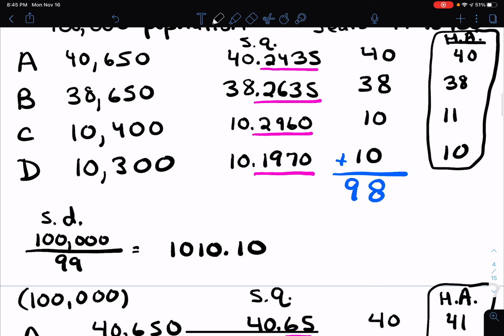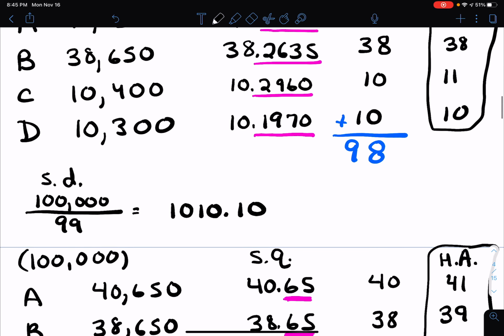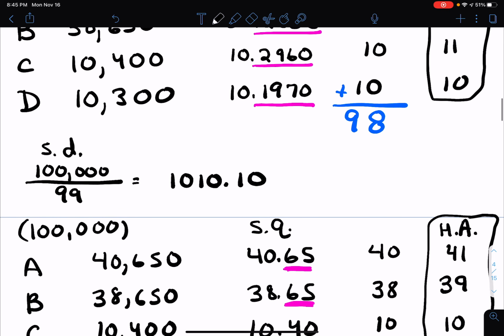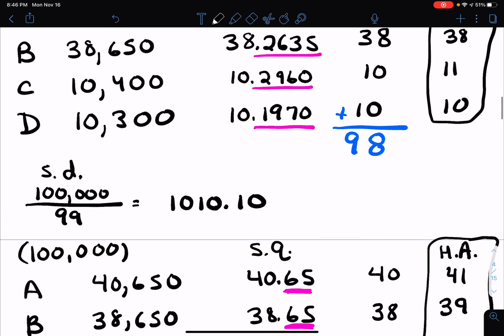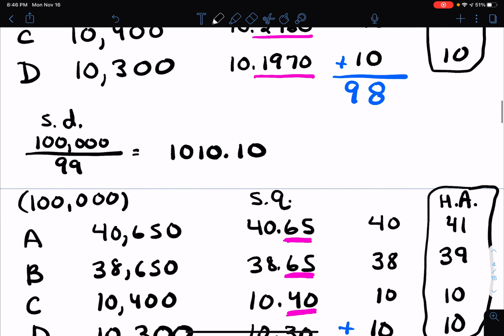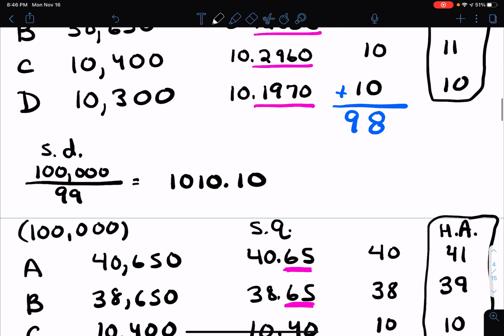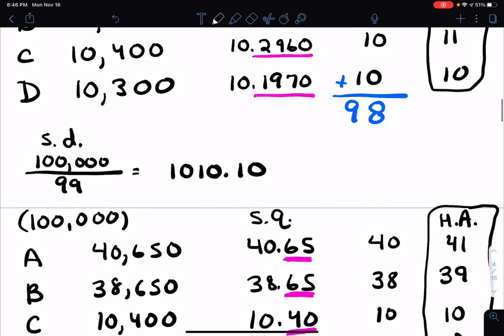You figure somebody's going to go up one. State B went up from 38 to 39. Uh-oh. Two states went up one when we only had one extra to give out. So that means somebody went down. And it looks like state C was that somebody. They went down from 11 to 10, while state D stayed the same.